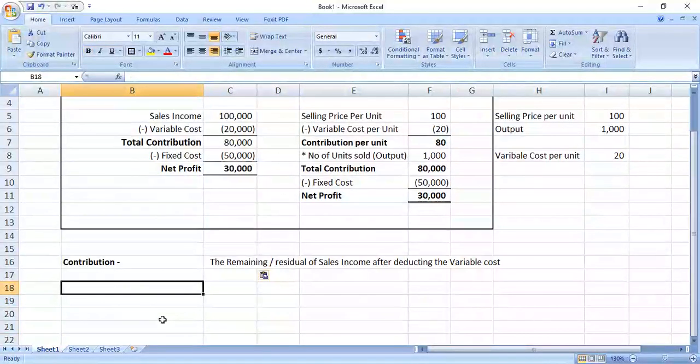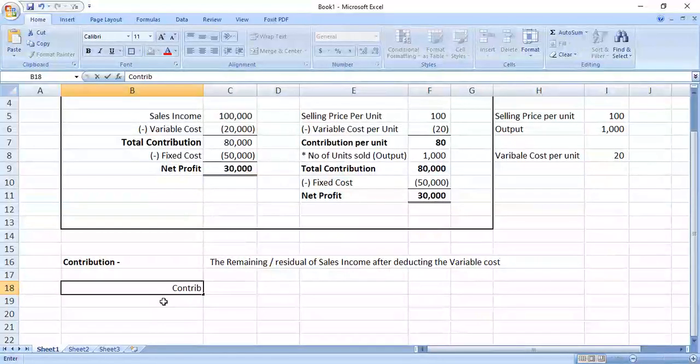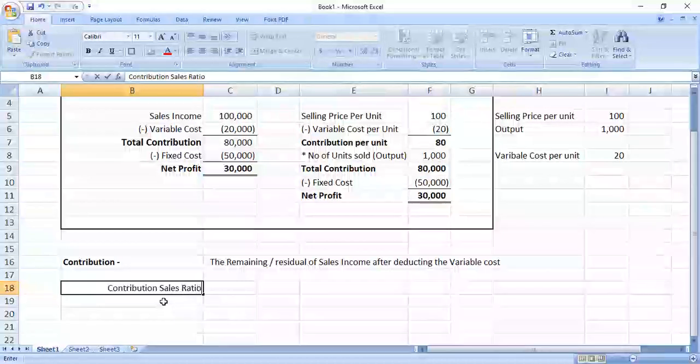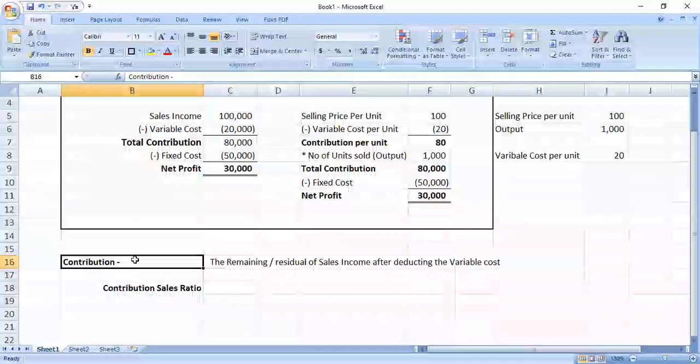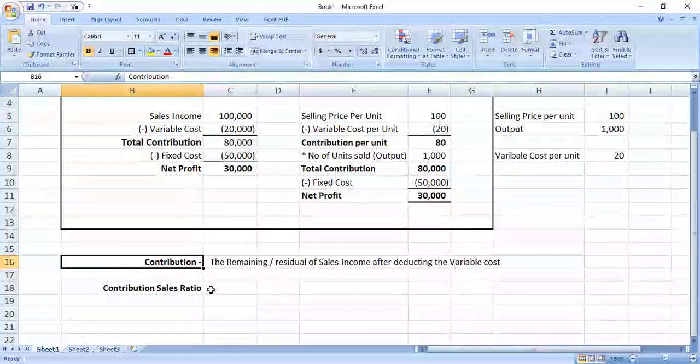Then we have to learn a formula, which is the contribution sales ratio. What is the contribution sales ratio?